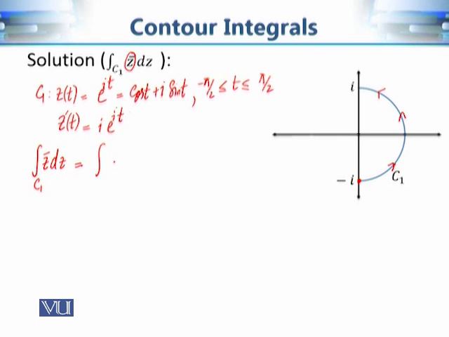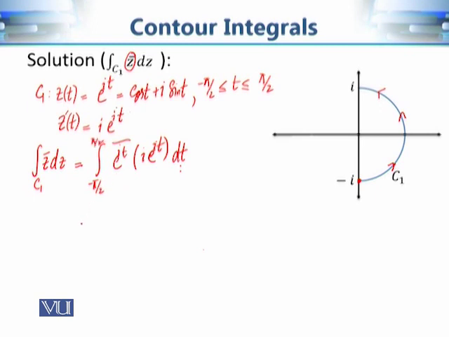So, f of z of t is just e raised to power iota t conjugate, and z prime t is iota e raised to power iota t, and dt. Once again, t varies from minus pi by 2 to pi by 2, so the limits are from minus pi by 2 to pi by 2.